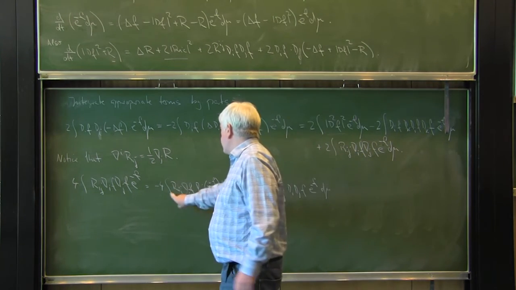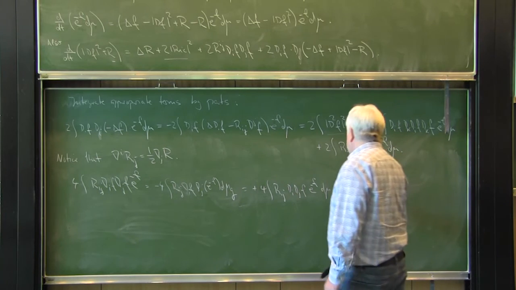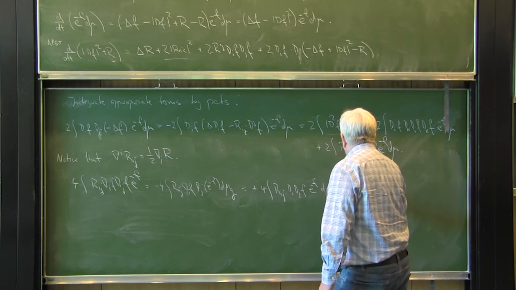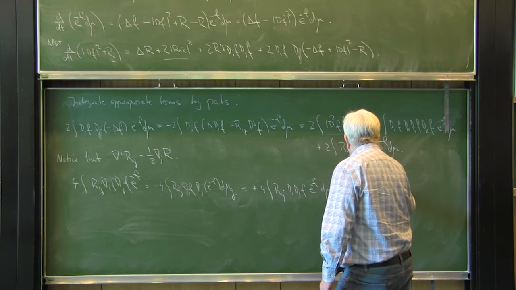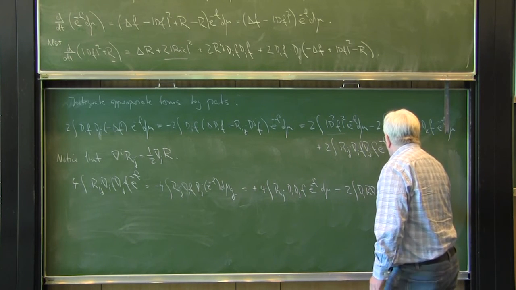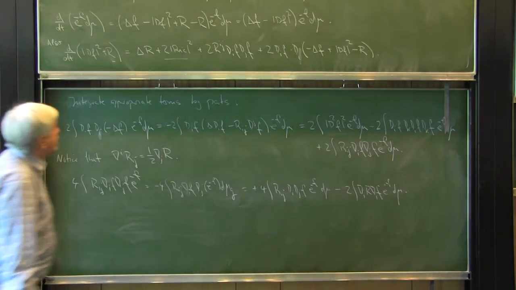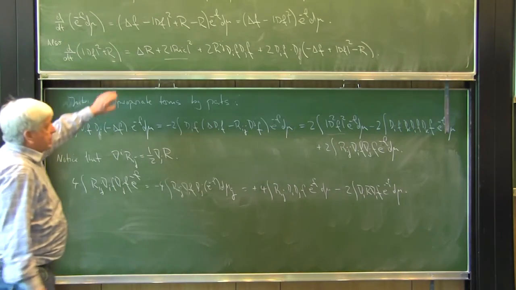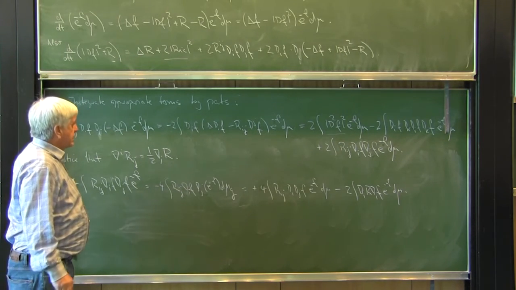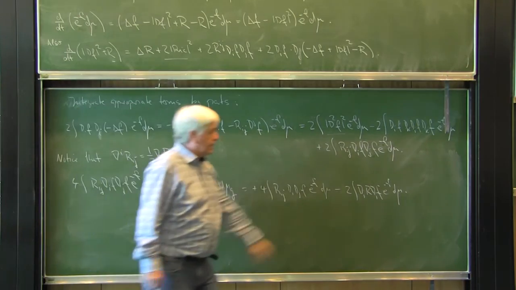And the ∇_j, if it falls on the R_ij with the contracted Bianchi identity, gives you a minus 2 times gradient i R, gradient i f, e to the minus f dμ. On the other hand, you get a term from the Laplacian of R. When you integrate that by parts, you also get a gradient R term.